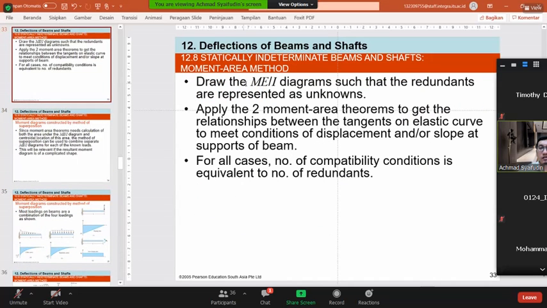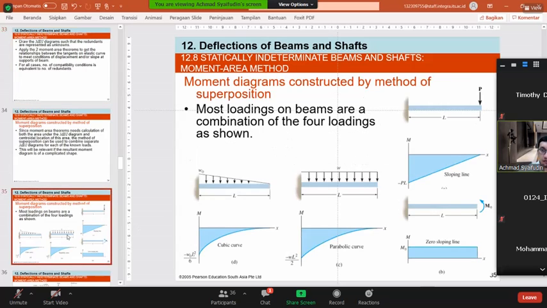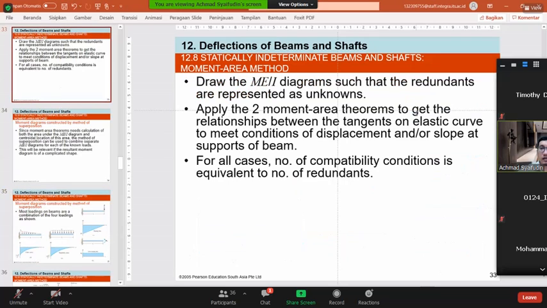The first procedure is to draw the M over EI diagram, subject to the tangent represented as unknown.